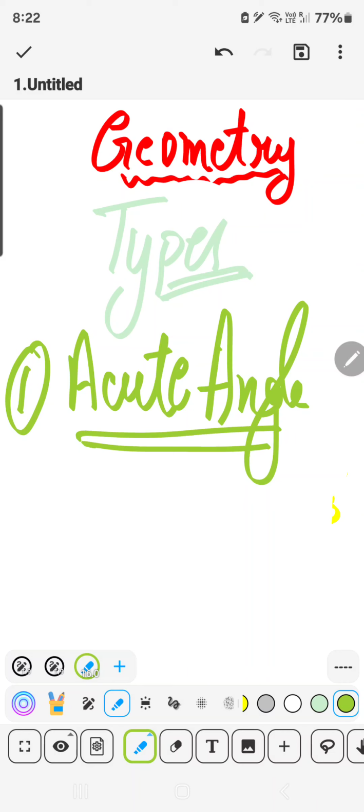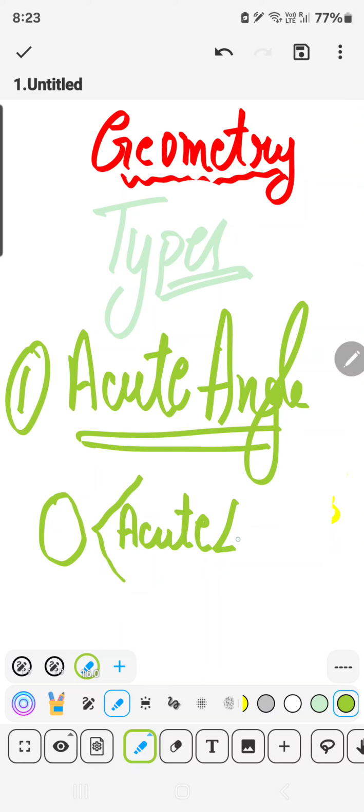So, acute angle is more than 90 degree. It is more than 0 degree. My bad, sorry, this is 0 degree. Acute angle is more than 0 degree, but it is less than 90 degree.